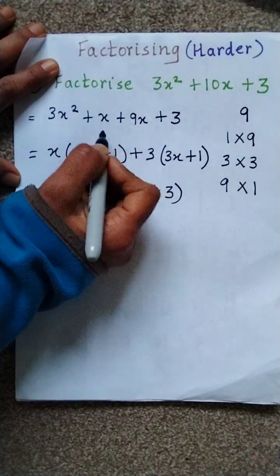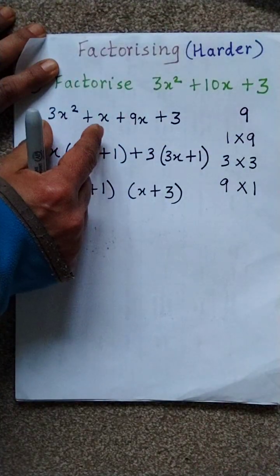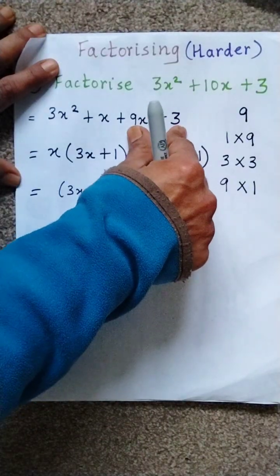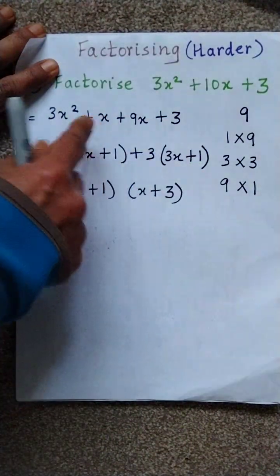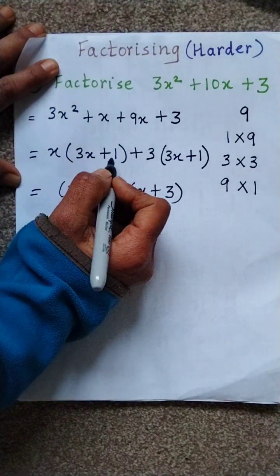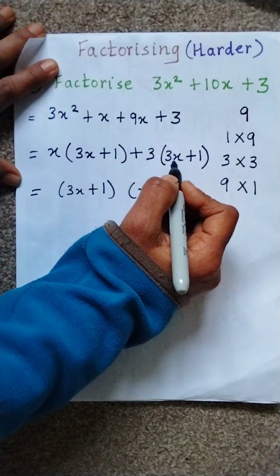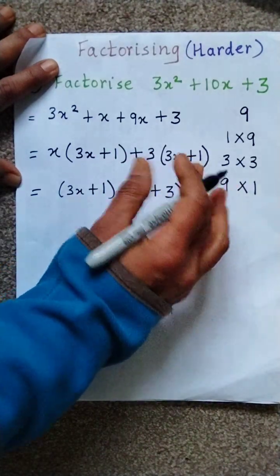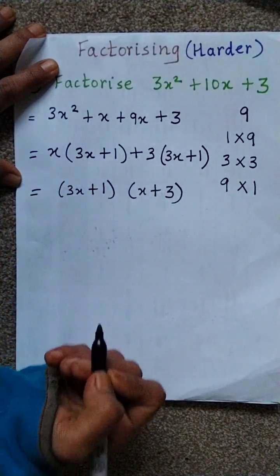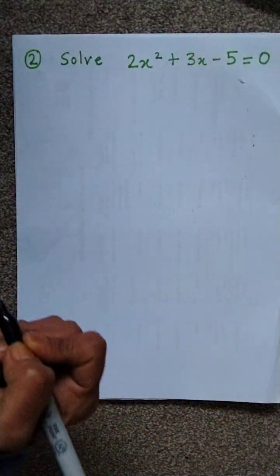Now we divide into two parts: the first two terms and the third and fourth terms. In the first part we take x common and write 3x plus 1. In the second part we take 3 common and write 3x plus 1, and then we write 3x plus 1 one time, and then x plus 3. Hope you understood.